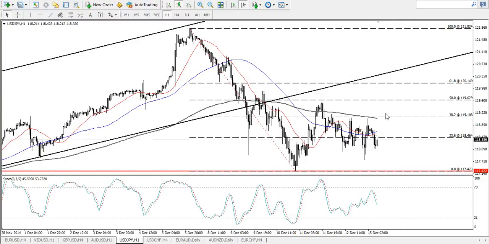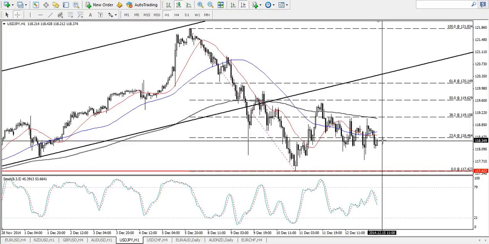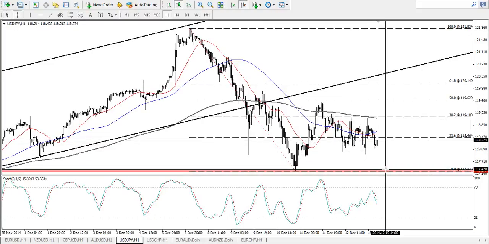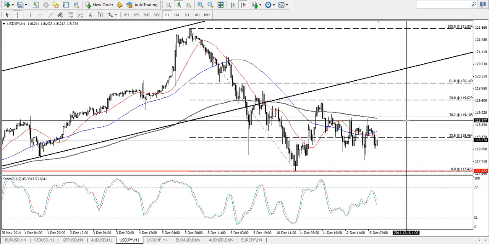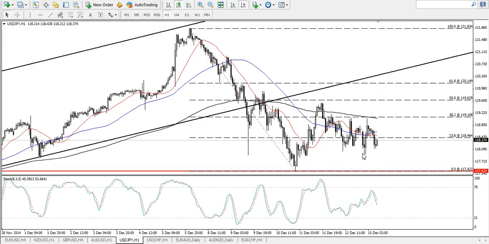These two are the key levels. If you are looking to go for a short, that means you're anticipating that the retracement will continue further. Or if not, we'll just wait for price to come back to the bottom at 117.42 and see if there's a setup to go for a long, if you're anticipating that the retracement is coming to an end and is going back to its major bullish trend.